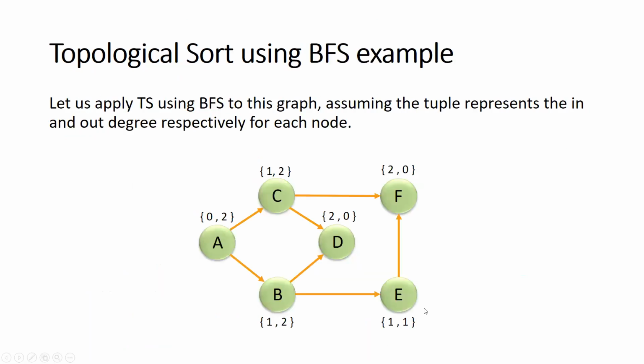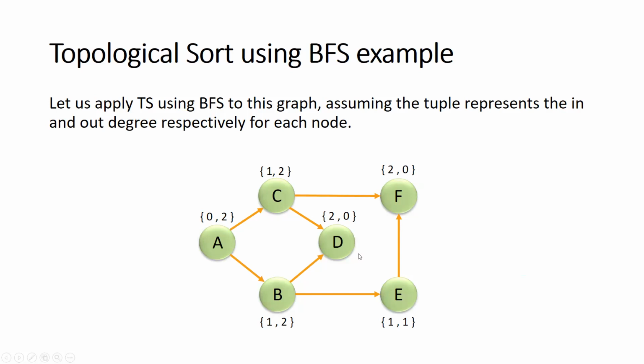So let us move to an example that explains how the algorithm works. Just keep in mind that breadth first search uses the in degree to perform the topological sort. The graph shown is directed and acyclic, no cycle exists. Okay, so we can perform topological sort.